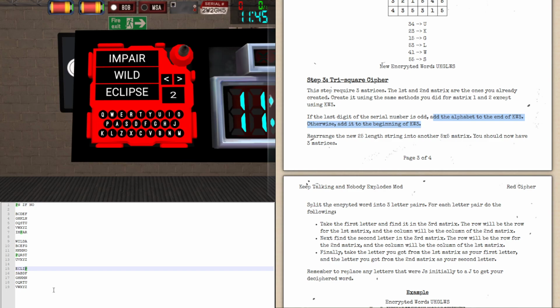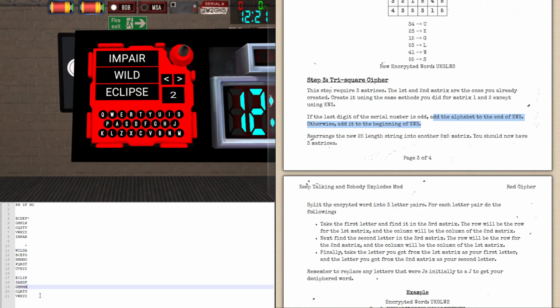The row of this letter is going to be the row in our first matrix, and the column of this letter will be used in our second matrix. So fifth column of that letter will be the fifth column of our second matrix.